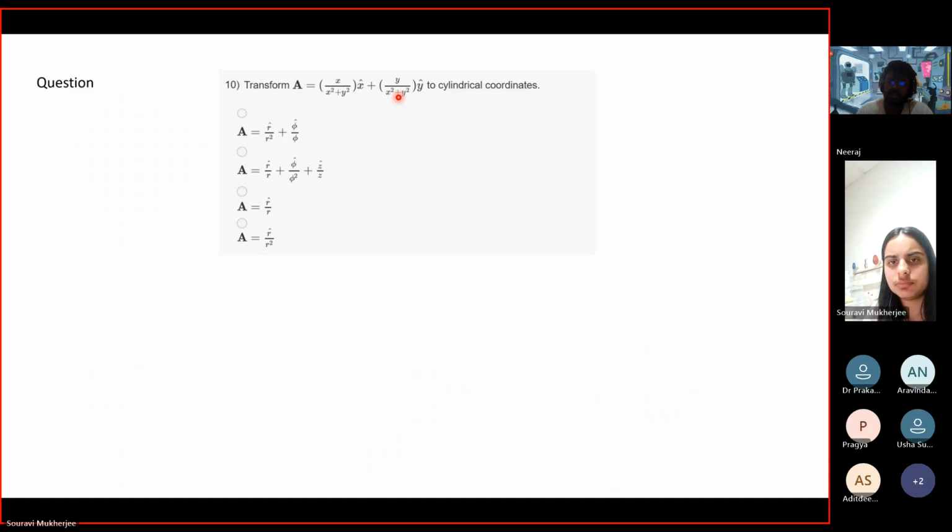Okay. So basically you have x, y. You replace x and y in terms of r and phi, and then you also replace x cap and y cap in terms of r cap and phi cap, right? If you do that, can you tell me what the answer should be, based on what we have been discussing in the course today?